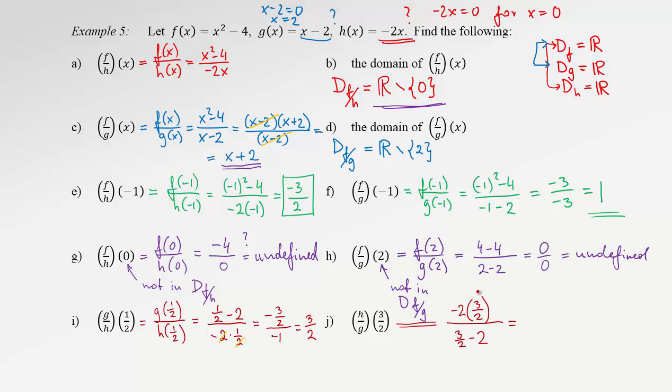Okay, now in order to simplify this, we can reduce the 2 here, and we can convert the 2 from the bottom into 4/2. So 3/2 minus 4/2 is -1/2, and in the top we have -3. Two negatives make it positive, and to divide by a fraction means to multiply by the reciprocal, so it's really the same as 3 times 2, which is 6. Final answer. Okay, so that's how we deal with quotient functions.